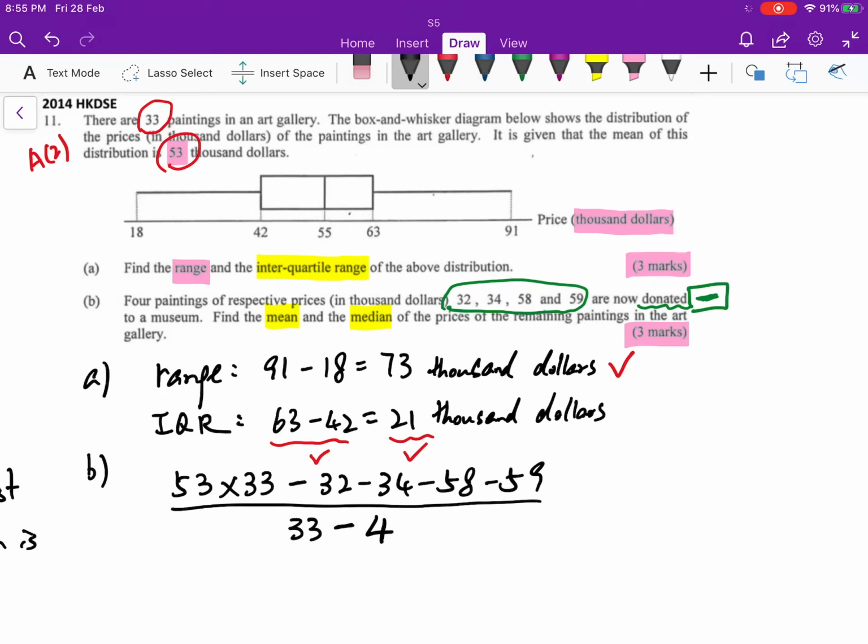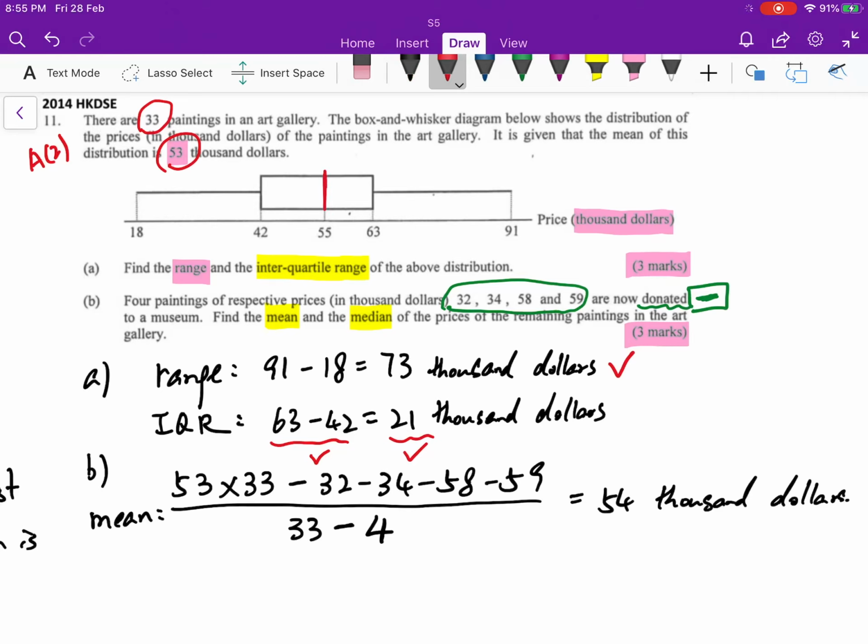Then divided by total number of the data. Originally, we got 33, but we already donated 4 of them, okay? So we need to minus 4 of them. Got it? So that will be your new mean. So your new mean will be here. New mean will equal to $54,000. Remember, okay? Write down the units, okay?